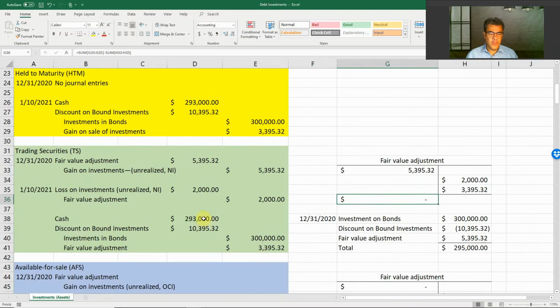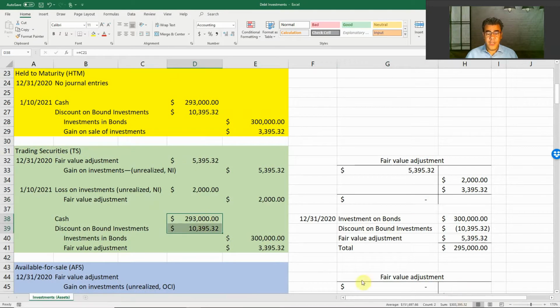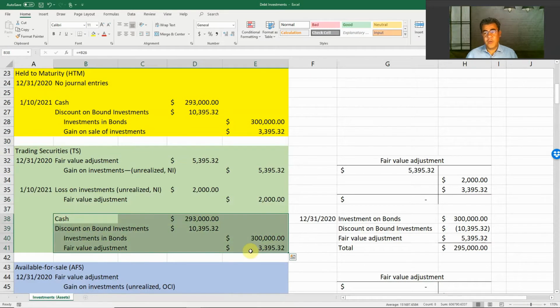And if we do the math here, 3003, 3003. So here we have a balanced journal entry. Some companies combine these two journal entries here. So we could be doing that as well.